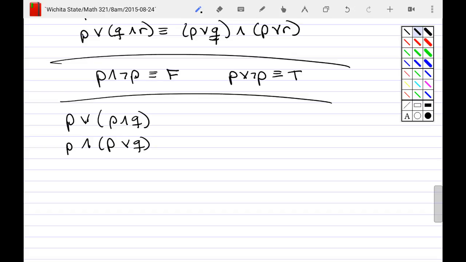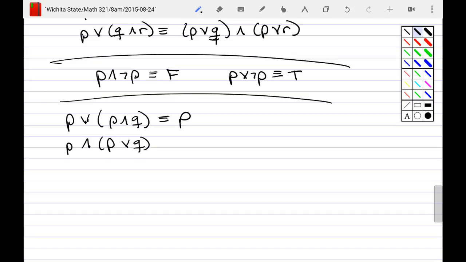You have P or you have P and Q. So you have an apple or you have an apple and an orange. What do you definitely know? You have an apple. That's logically the same as just simply saying you have an apple.